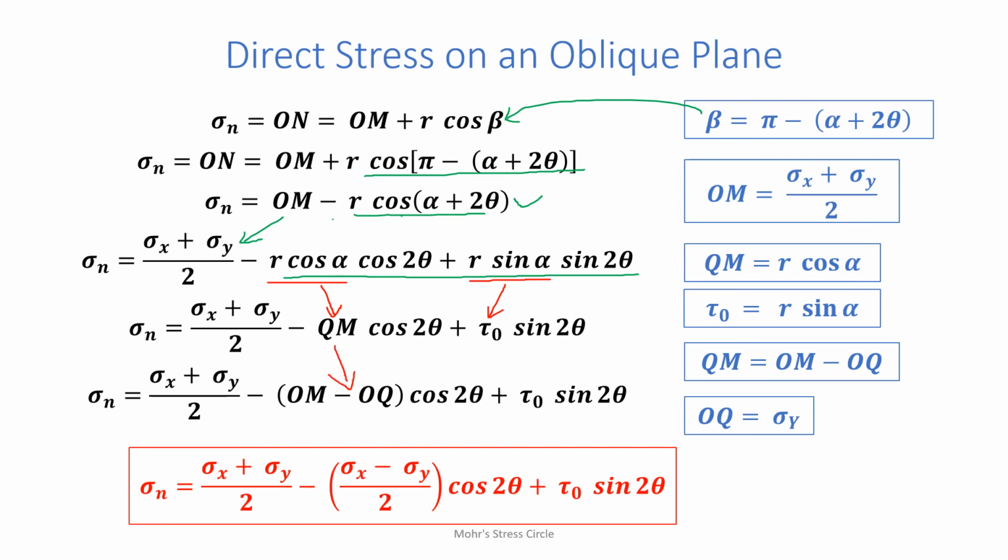OM is this value, we substitute here, and OQ is sigma y, we substitute here. When we solve, the relation becomes sigma n equals sigma x plus sigma y by 2 minus sigma x minus sigma y by 2 cos 2 theta plus tau naught sin 2 theta. This is the same as for the analytical method. It means the concept that the location of a plane can be found by taking double the angle and locating the point which represents the same stress is correct.